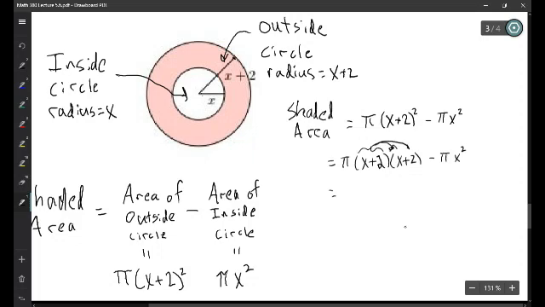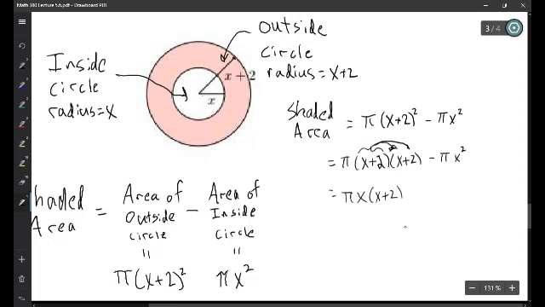So we have pi times x times x plus 2. But this pi is being multiplied to this entire product.